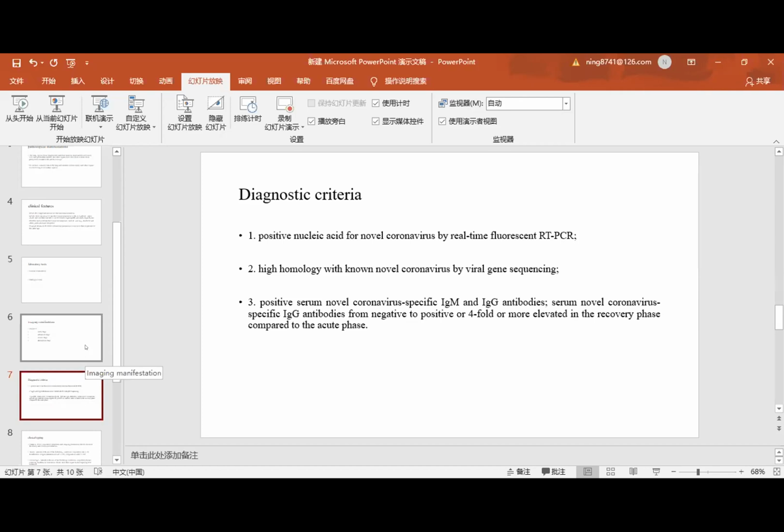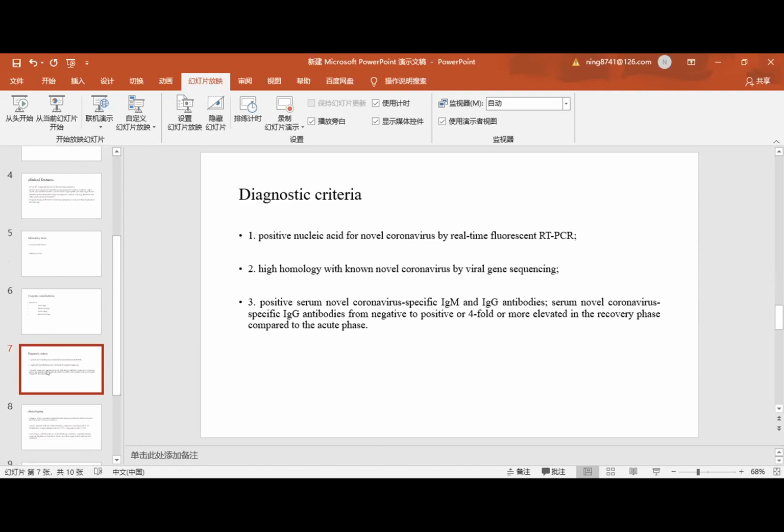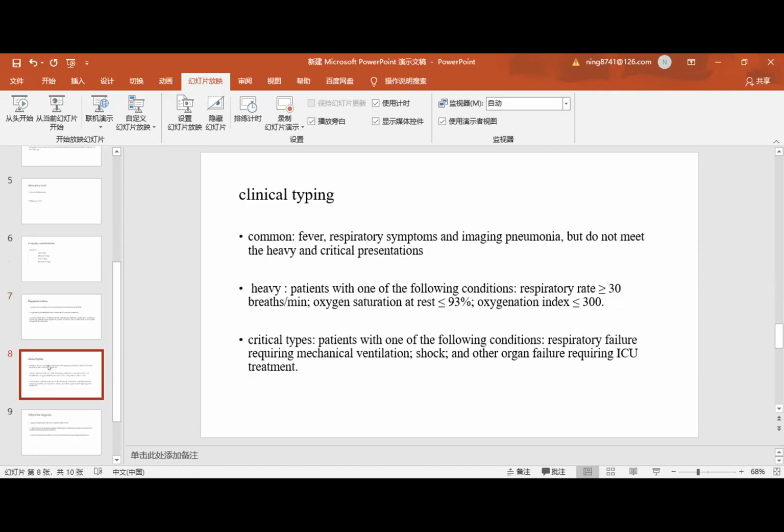Let's look at the clinical typing in more detail. Some patients with only positive nasal swabs and pharyngeal swabs and no chest imaging abnormalities may be called COVID-19 infected.